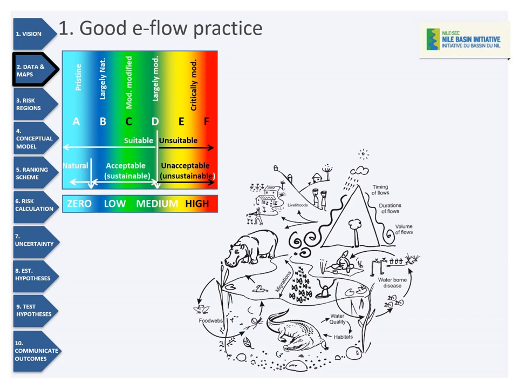And the point of just putting this graph here is to show you that there is some overlap between these classification systems that are used, where, for example, we can classify ecosystems from an A to an F ecological state, referring to pristine to critically modified.